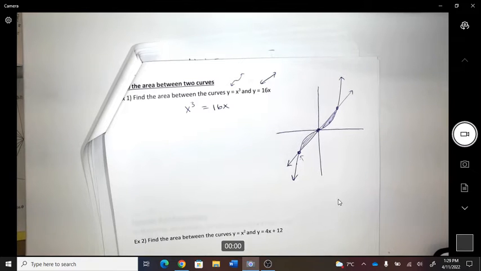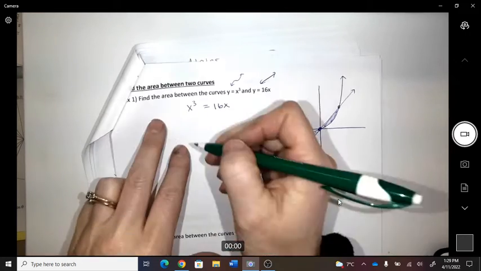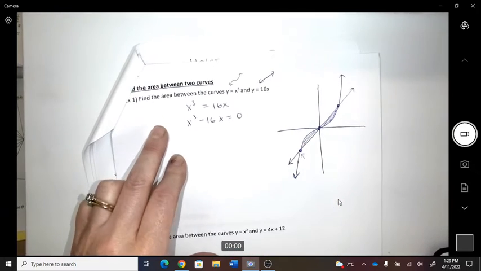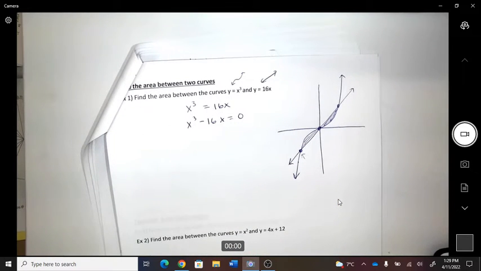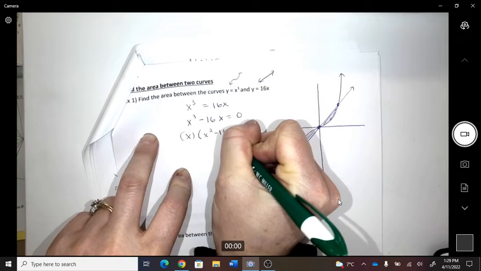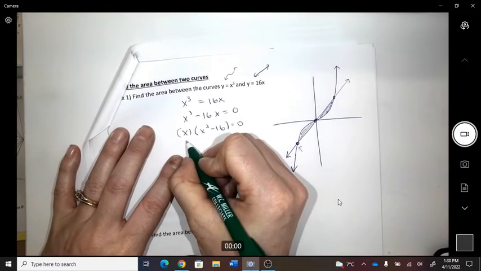Okay, so now I'm going back to grade 11 strategies here. If I have two variable types, I'm going to zero it out. And then I look for factoring. So it's a GCF. Then it's also a difference of squares.